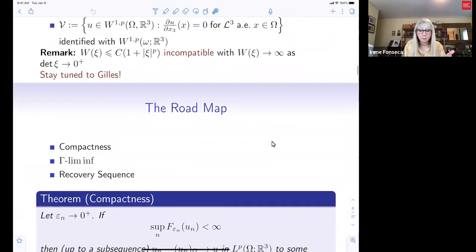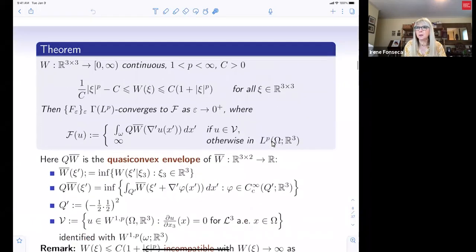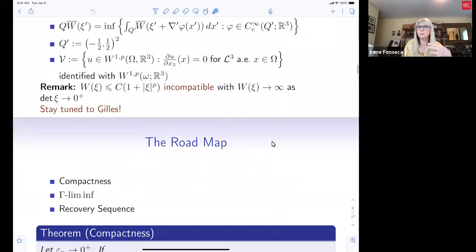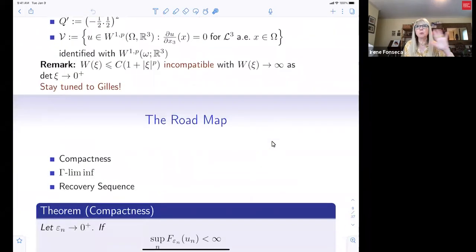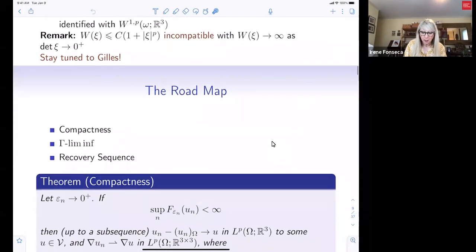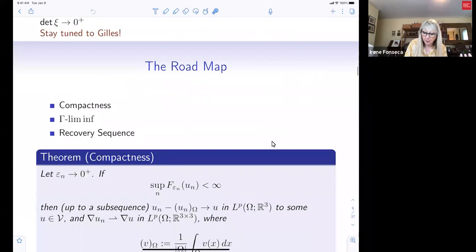So what is the roadmap to prove a theorem like this? The roadmap usually follows these 3 bullets. First, you prove compactness. That is, you prove that if you have a sequence un with bounded energies, then up to a subsequence, they converge in some sense to some limiting field, right?